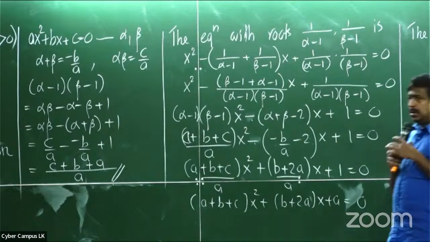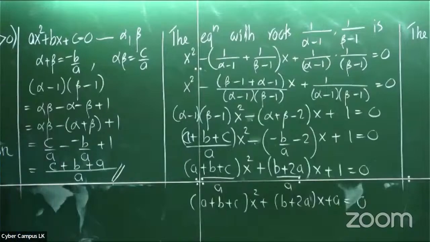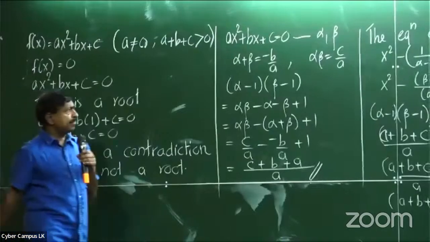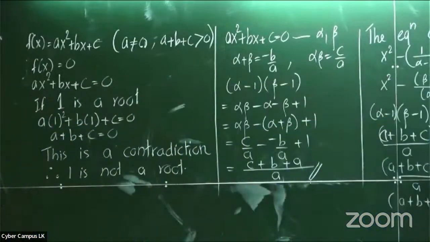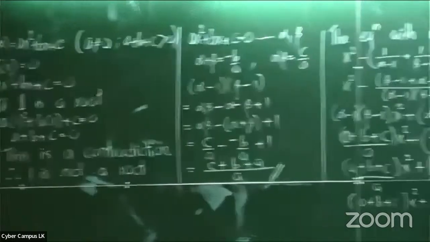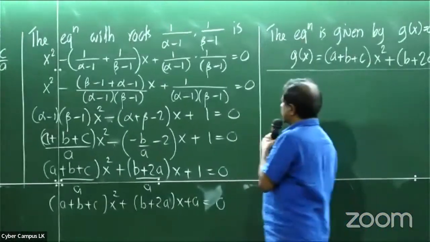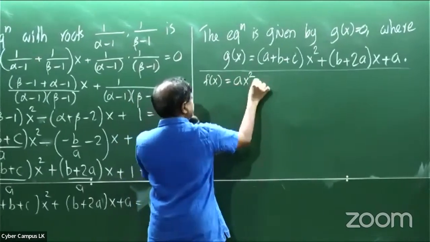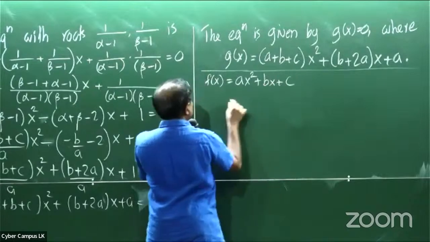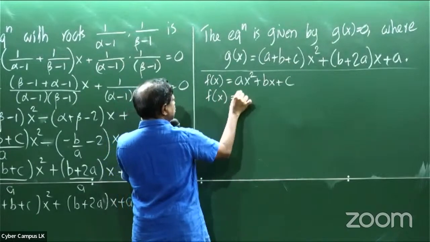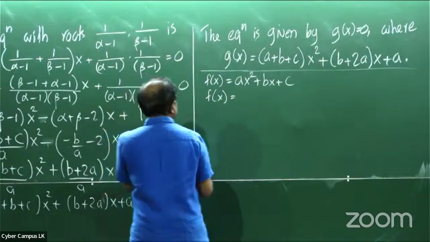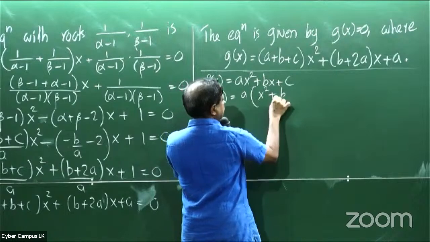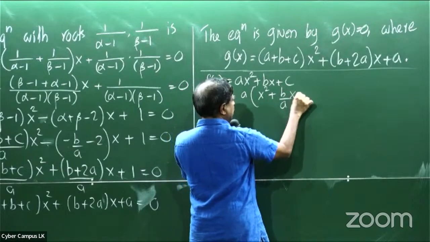Now, we need to find the minimum of fx. It's very similar to the theory. Now, fx is this. So before completing a square, you have to pull out a, so that the coefficient of x squared becomes 1.